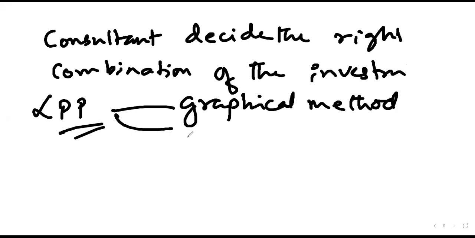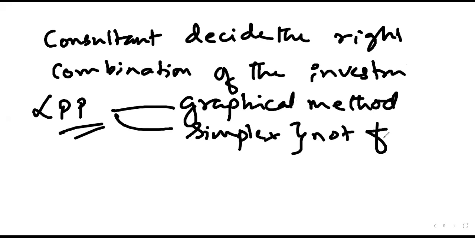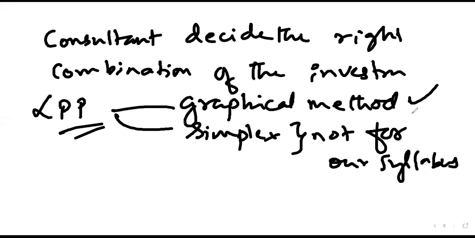There is also the simplex method, and so on. The simplex method is not there in our syllabus, but the graphical method is there in our syllabus. In this we'll be discussing how to determine the right combination of the different types. Is it understood? Any doubts?